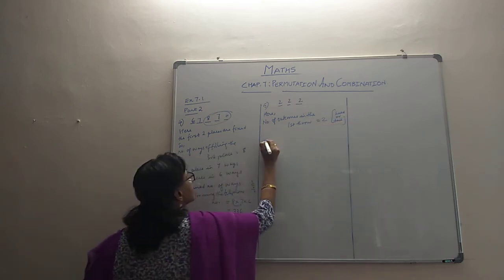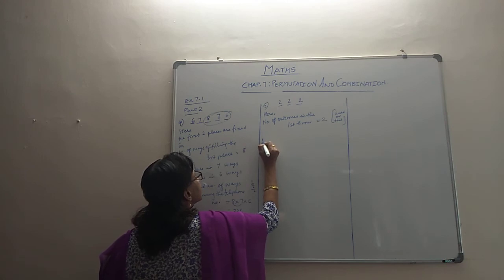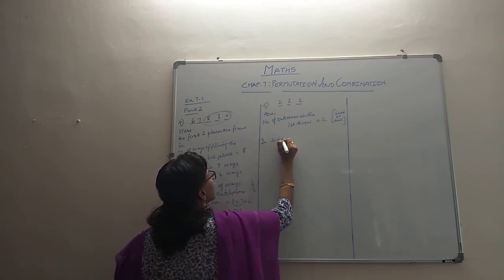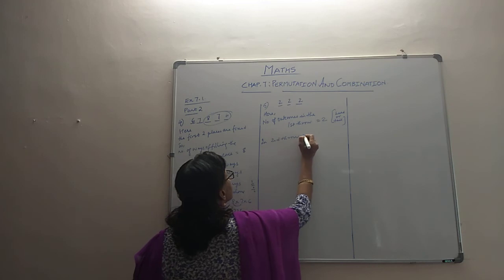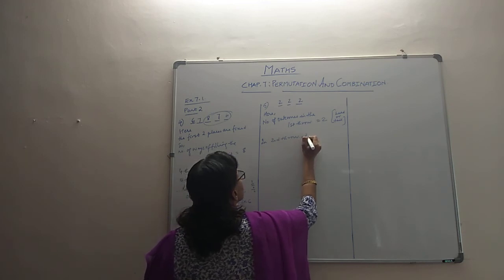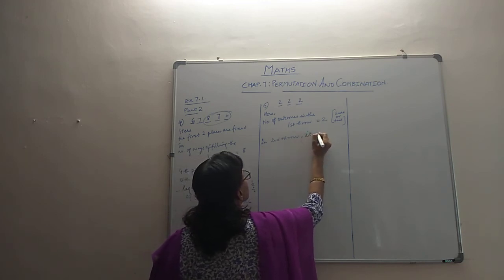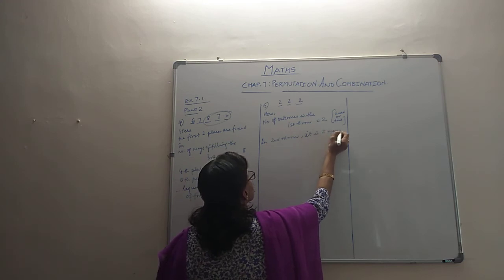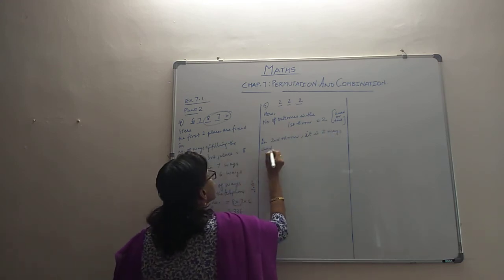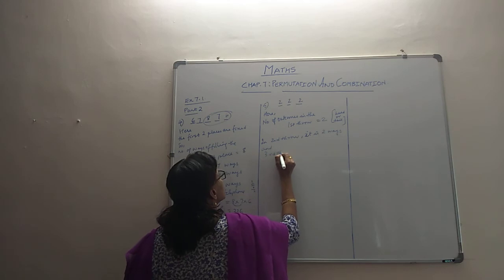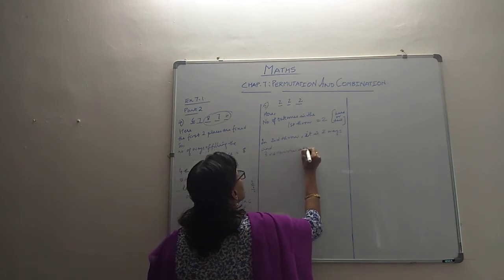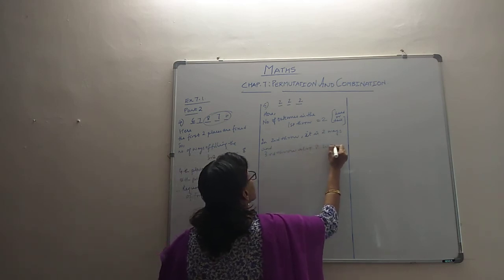Then in the second row, it is 2 ways, and the third row also 2 ways.